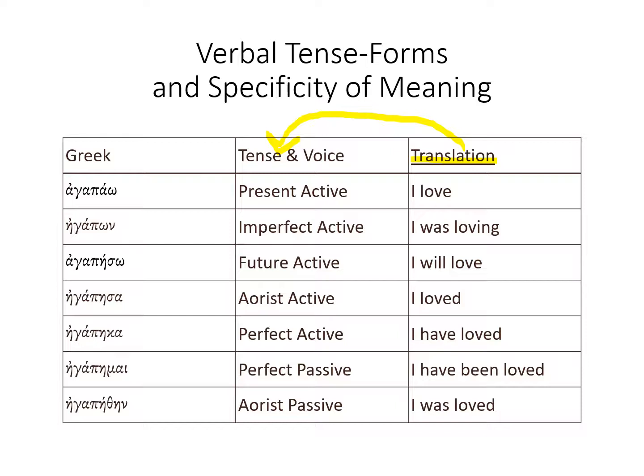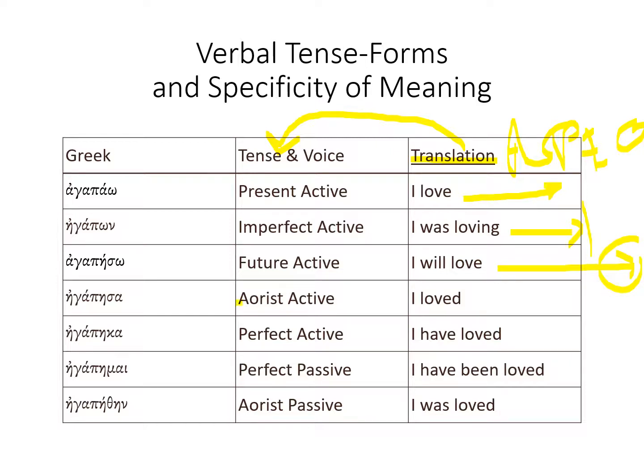So this translation provides us an opportunity to think about aspect. And just the simple I love or I am loving, a continuous sense to it. The imperfect I was loving has a stopping point in the past. Future, I will love, but no real essence to aspect. It's just going to happen at some point in the future.